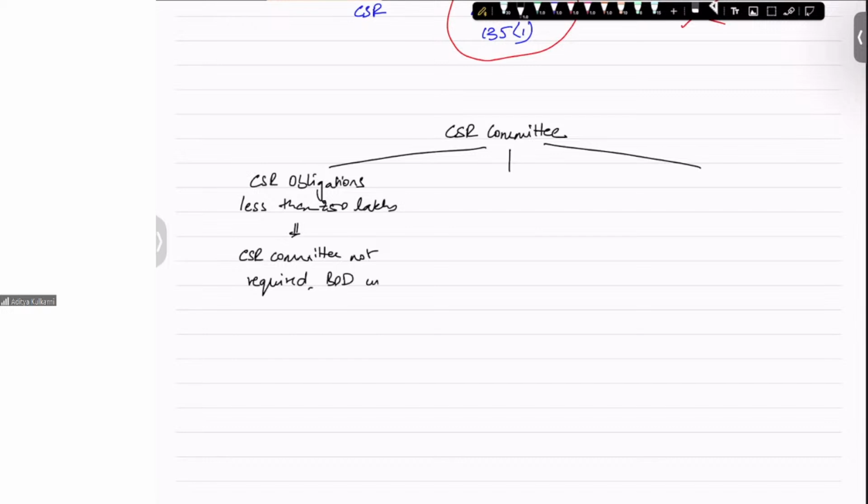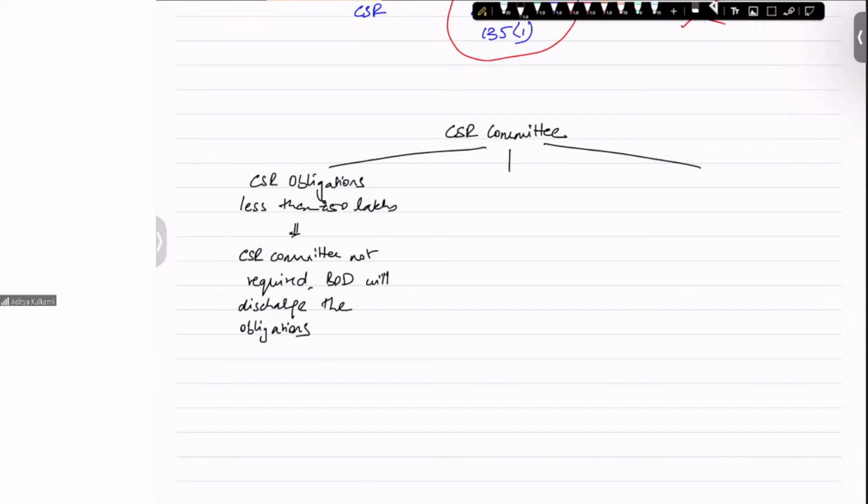The Board of Directors will discharge the obligations.